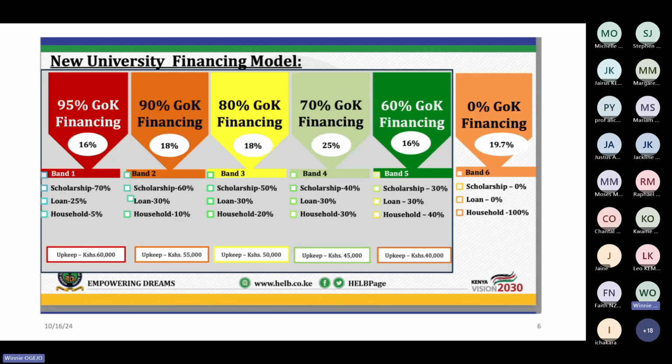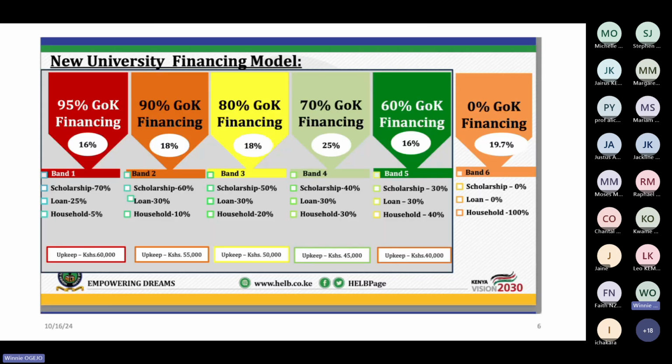Through that means testing instrument, the Higher Education Loans Board is able to group students into different bands. So they have band 1 to band 5, which is what we will be analyzing. Of course, there is the band 6, but that is not part of our analysis. Our analysis just focused on band 1 to band 5, which is a representation of students who are eligible for the funding by the Higher Education Loans Board.